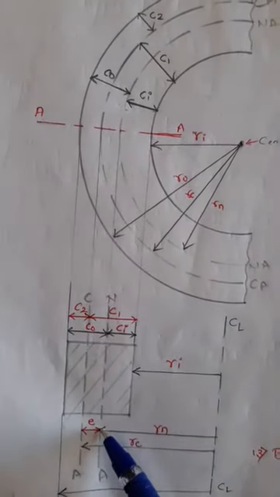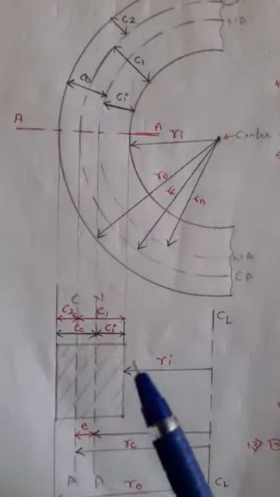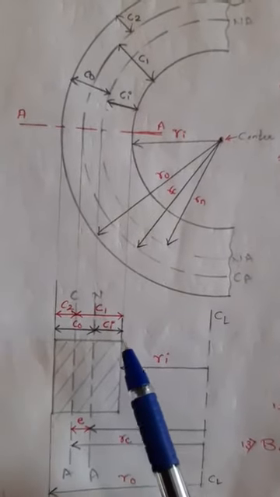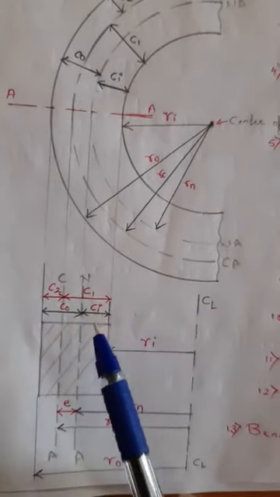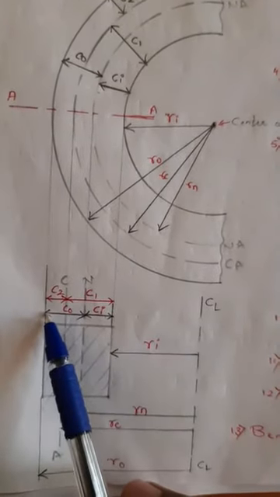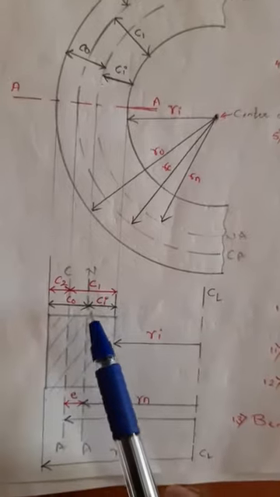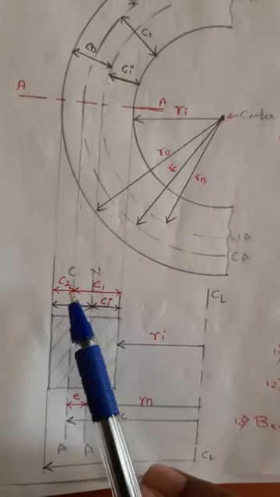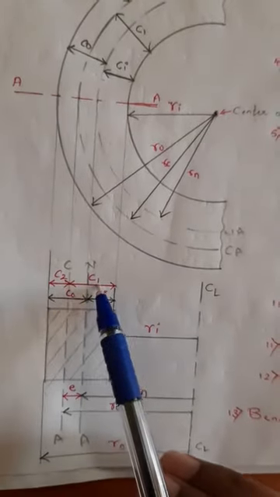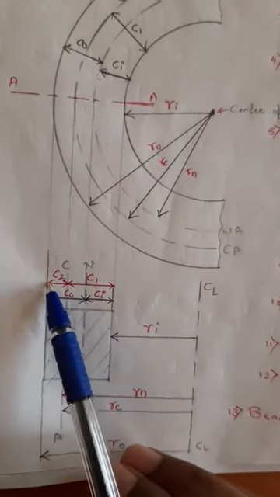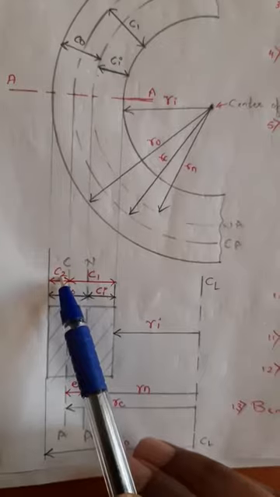This is RN. Then the distance from the inner fiber to the neutral axis is CI. The distance from the outer fiber to the neutral axis is CO. The distance from the inner fiber to the centroidal axis is C1. The distance from the outer fiber to the centroidal axis is C2.